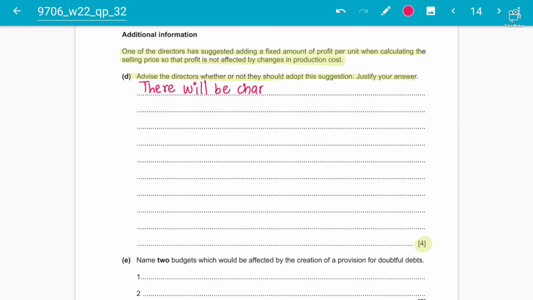So if your production cost is increasing, you will have to increase your selling price as well, right? There will be changes in production cost, and you can write the points that if there is an increase in production cost, you will have to definitely increase your selling price, okay?